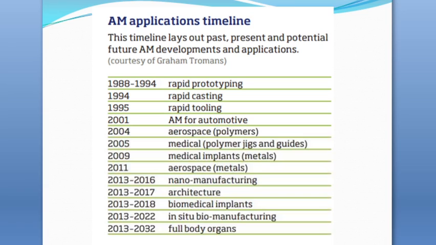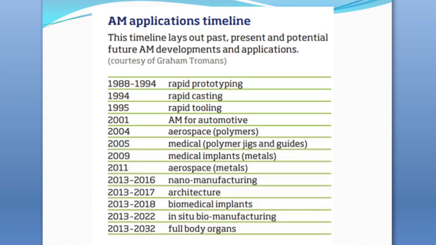We have discussed in CAD activity, design review and evaluation, rapid prototyping testing. In 94, rapid casting, 95, rapid tooling applications, 2001, AM for automobile applications. In 2004, aerospace using the polymer materials.